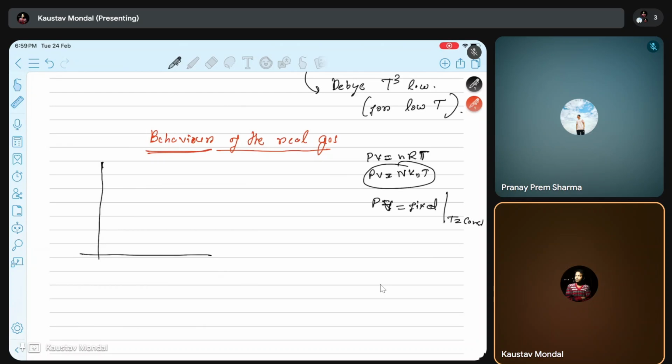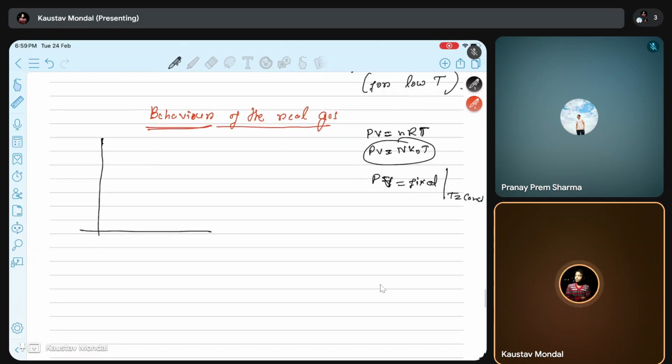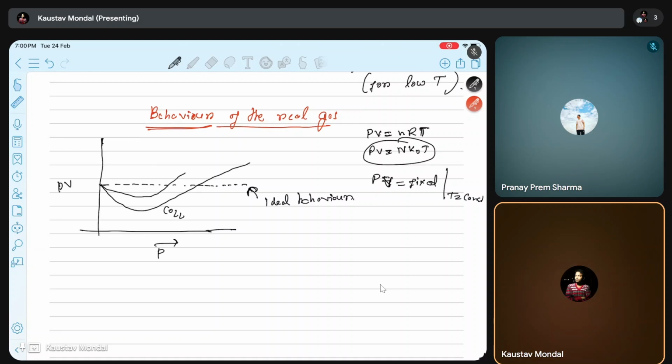Now that means if you change the pressure, the PV expression should remain a constant value at a particular temperature. So it should remain constant, right? But in experiment, it has been found that it is not really constant. Okay, this is the ideal behavior. But experimentally measured, this PV quantity, if you change the pressure, the gas shows this kind of variations. Okay, this is for CO2 gas, this is for O2 gas, something like this.